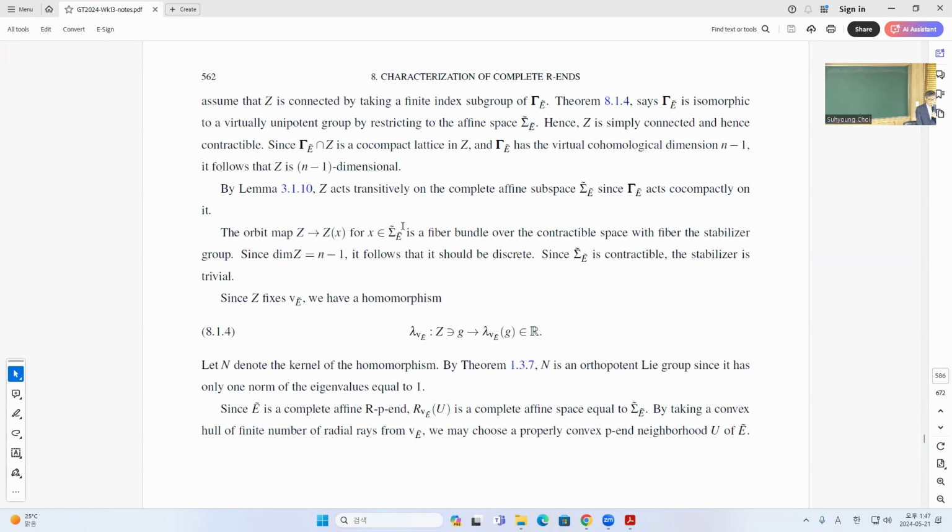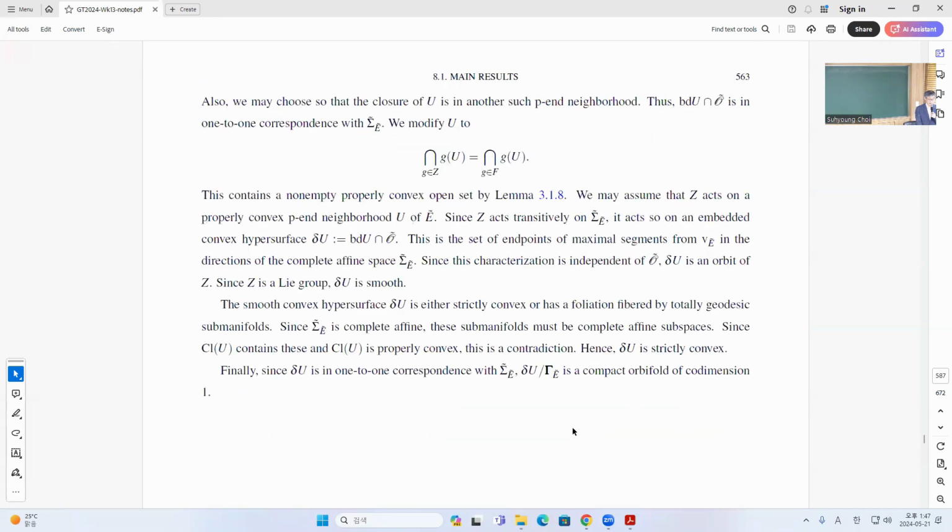So we can map G to Gx, for which the orbit is a fiber bundle. So actually the dimensions have to be the same. So there is this homomorphism again. N is again the kernel. Then N is also nilpotent, and this is complete affine here, and so again you make this G act on this space.